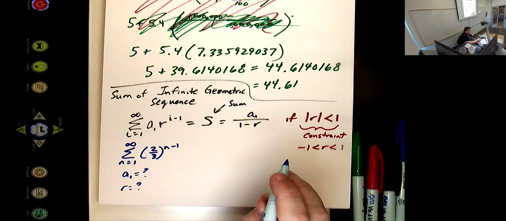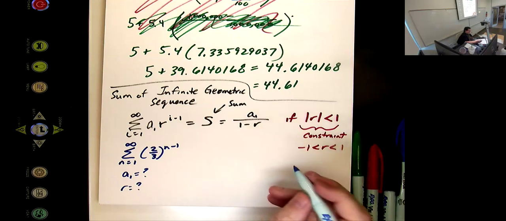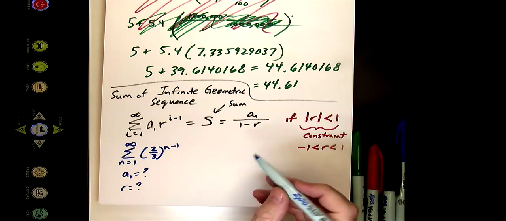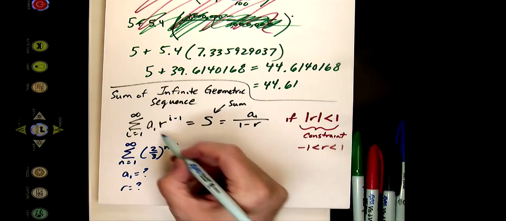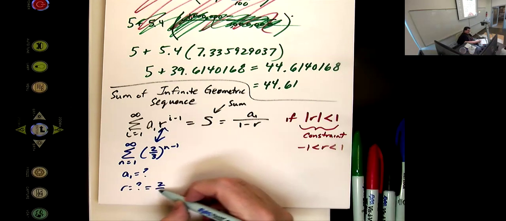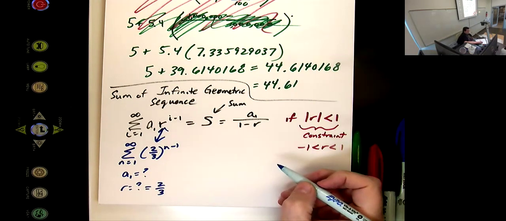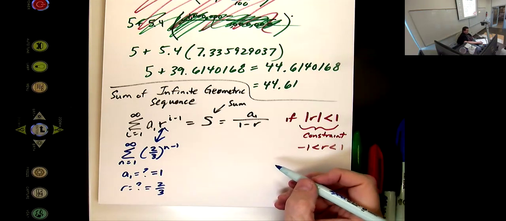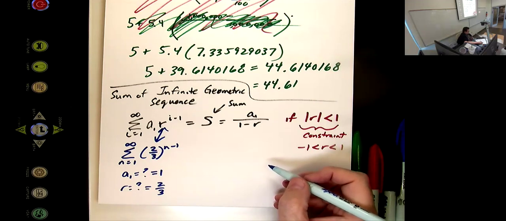No. What is 2/3? That's r. Match these up. That's r. What's a sub 1? It's 1. There we go. I knew if you started matching things up, you wouldn't guess. You said it confidently. I know what that is. It's 1.